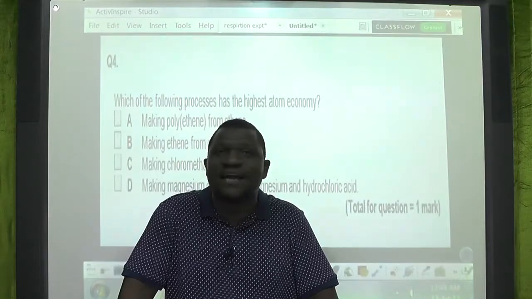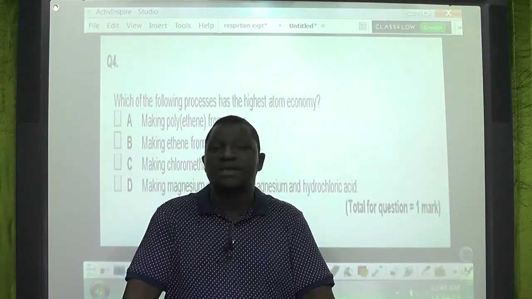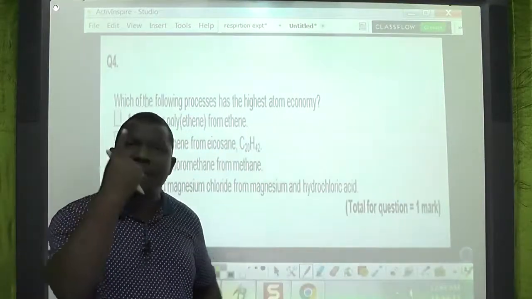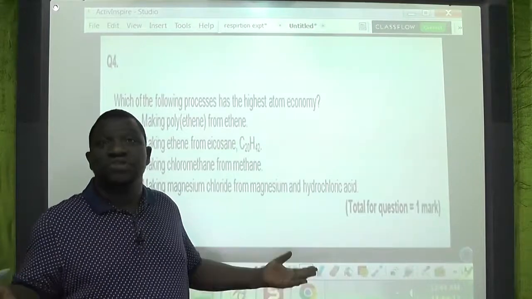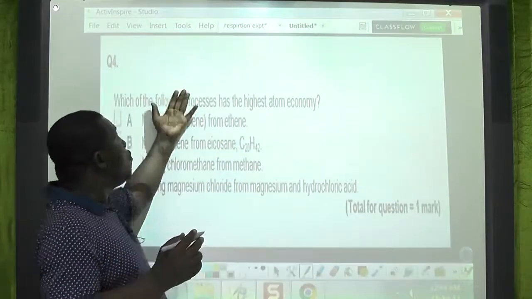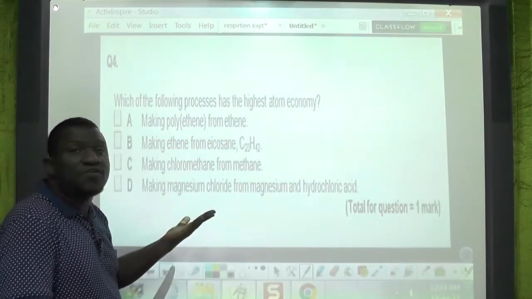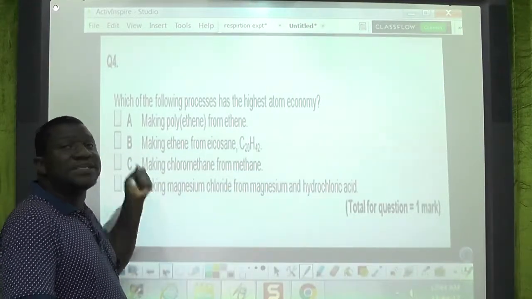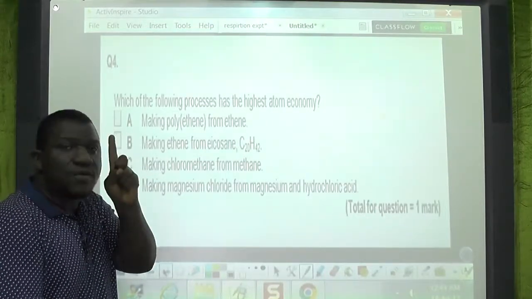If you get only the desired product, that means you are getting 100% atom economy. The product you are looking for, only that one. You don't have to do much work here. Which of these gives us only one? If it's not giving us only one, that means we have some work to do. But I have done this and I've seen one of them giving only one.